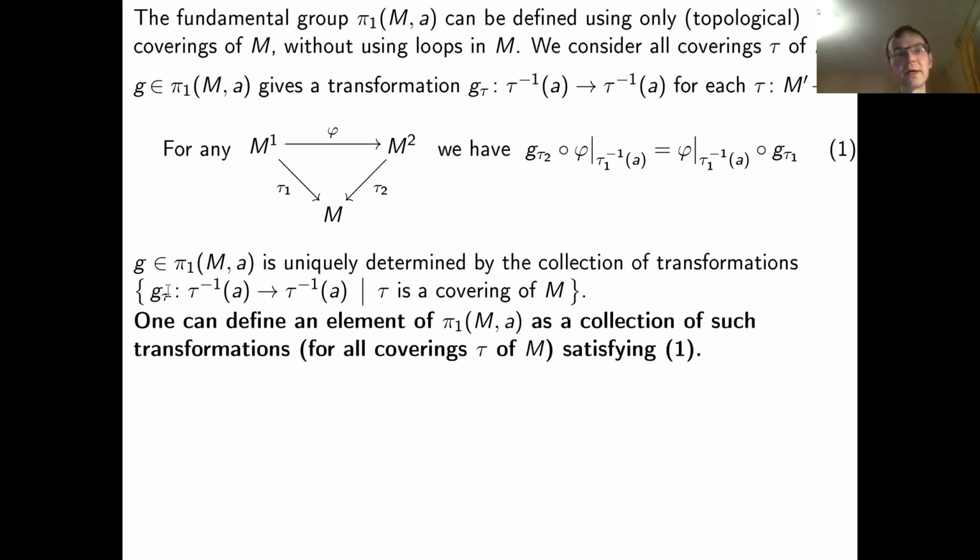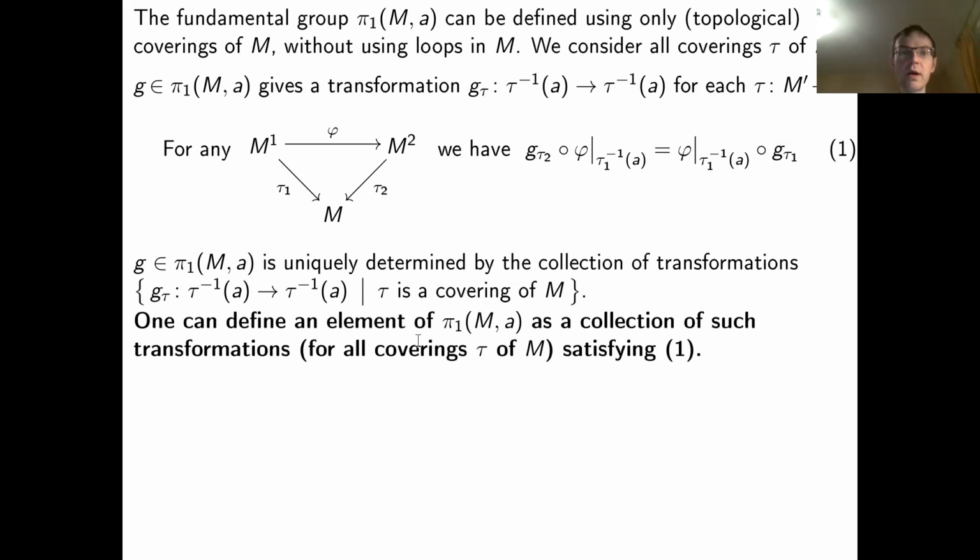If this infinite collection of transformations satisfies this property for any commutative diagram, then one can say that this collection is admissible, and this infinite collection of transformations is called an element of the fundamental group.